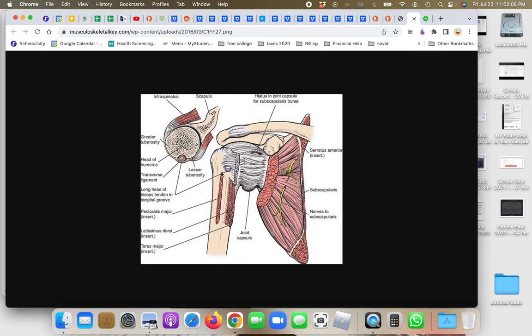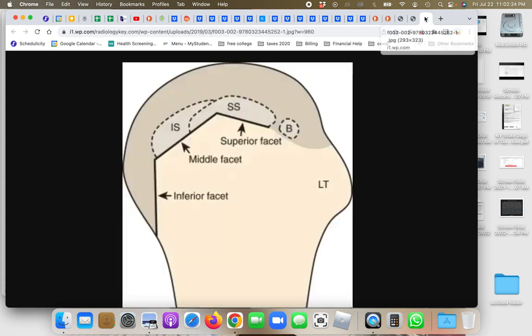Greater tuberosity, biceps tendon, long head of the biceps tendon in the bicipital groove, lesser tuberosity. Biceps tendon, this would be the groove.